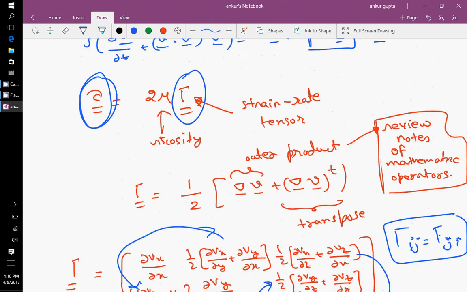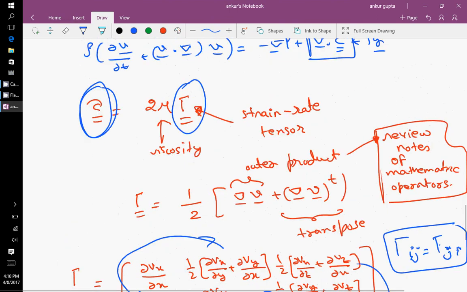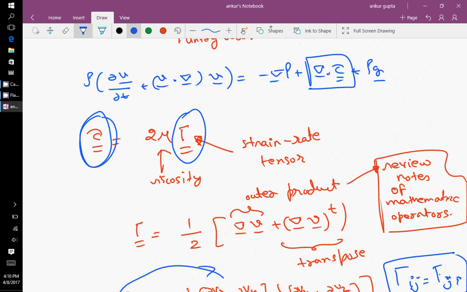Once we have this definition of tau, and if we assume mu is constant, when we take the derivative we can take the mu out. If you have gamma here, there's a factor of 2 here and a half in gamma, so this gets cancelled.